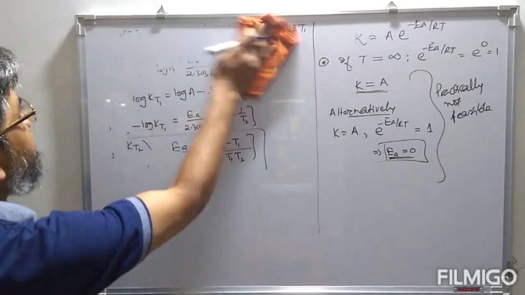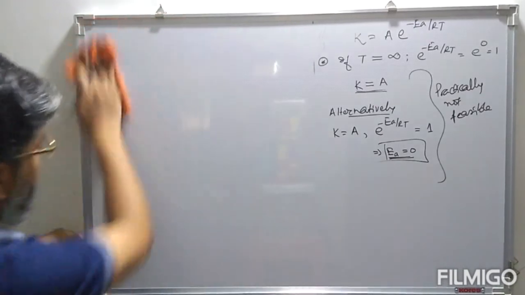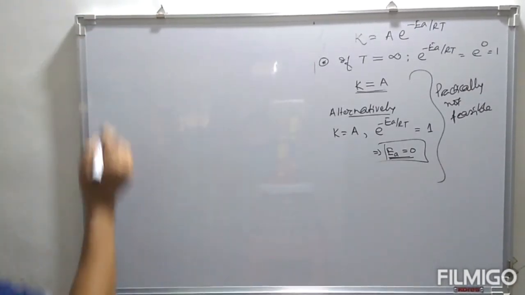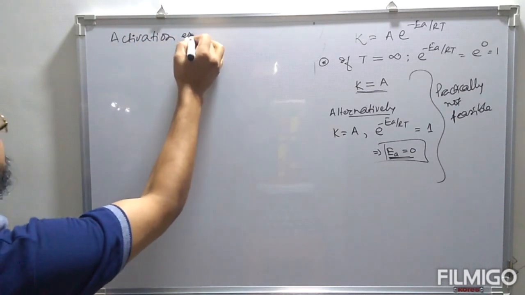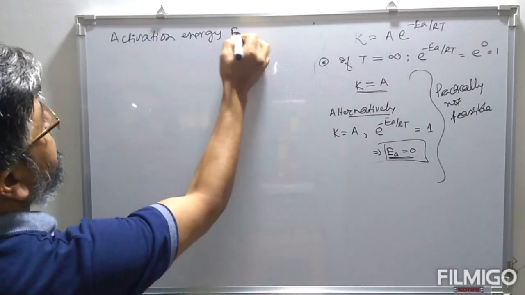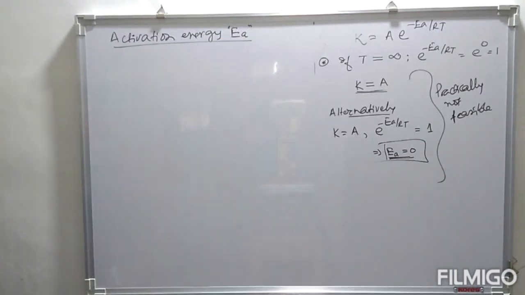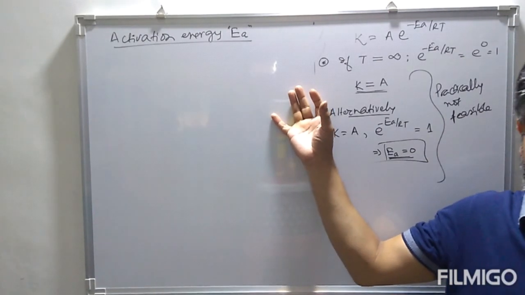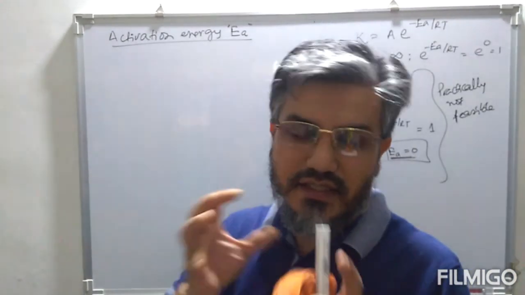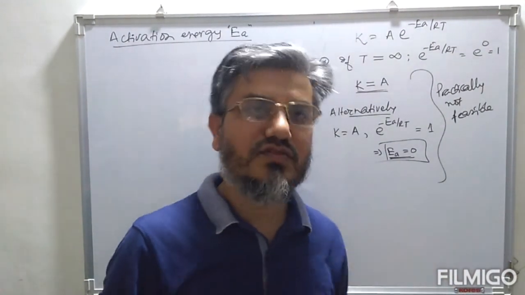Now we are using a particular term which is known as activation energy. Now let's see what is activation energy. Activation energy, Ea. During the course of any chemical reaction, the reactant molecules have to undergo collision, and only when these reacting molecules undergo collision is there some transformation, that is, molecular transformation.